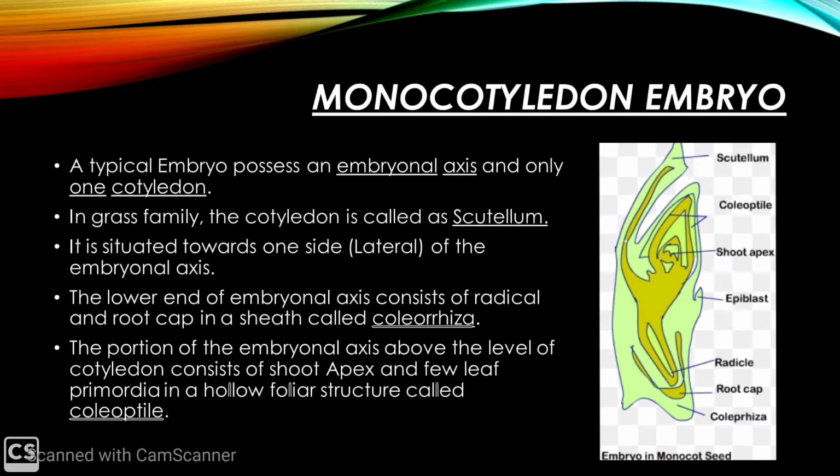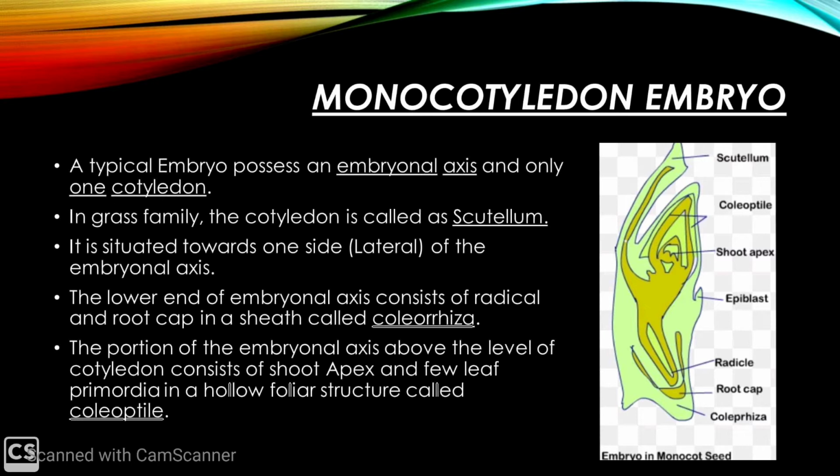Embryos of monocots possess only one cotyledon. In the grass family it is known as scutellum, which is situated laterally to the embryonal axis. The lower end of the embryonal axis has the root tip, that is the radicle, and root cap enclosed in an undifferentiated sheath known as coleorhiza.